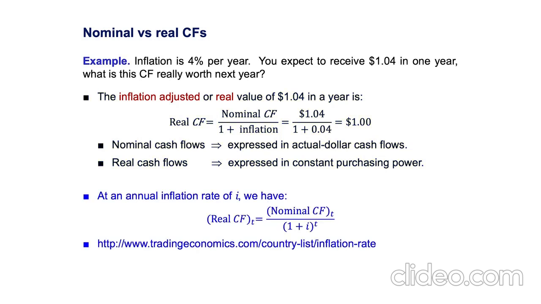In general, if the annual inflation rate is I, and if we're looking at a nominal cash flow CF_T in year T, the corresponding real cash flow at time T would be the nominal cash flow discounted at the annual inflation rate T times.